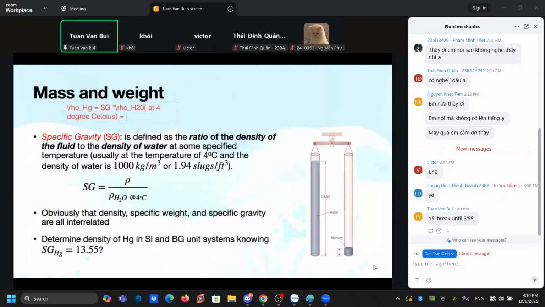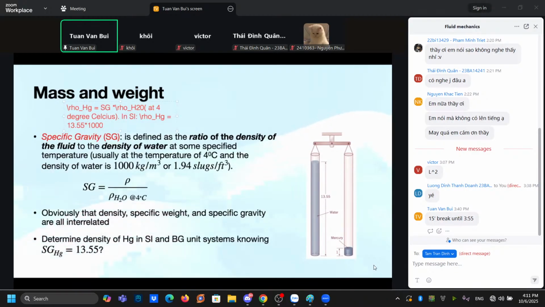Because in the slide we already have the density of water, 1000 kilograms per meter cubed. So in SI, we have rho of mercury equal 13.55 multiplied by 1000.